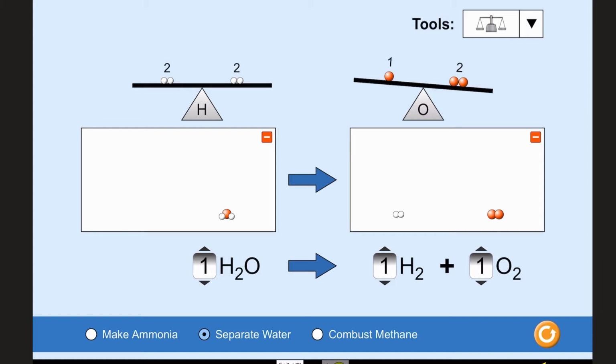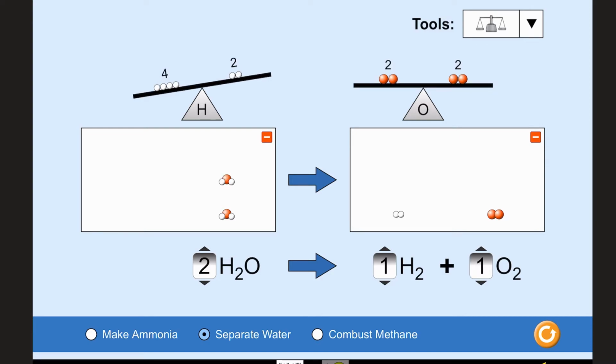And so if we do that, you'll see that it will fix the oxygen, but it's going to mess up the balancing of the hydrogen. And so the oxygen is now balanced with 2 on each side. But now the hydrogen is no longer balanced. There are 4 on the left side, and there are 2 on the right side.